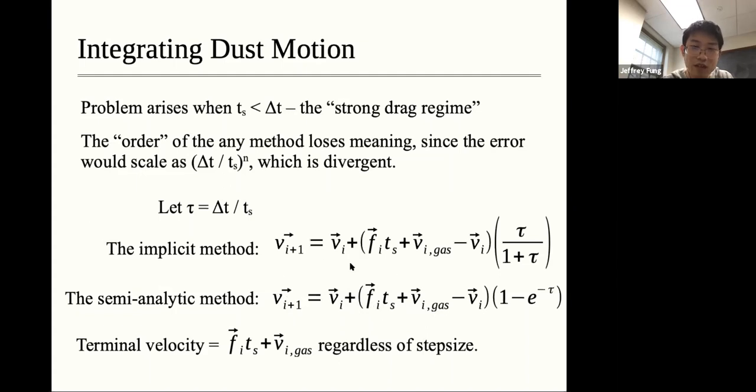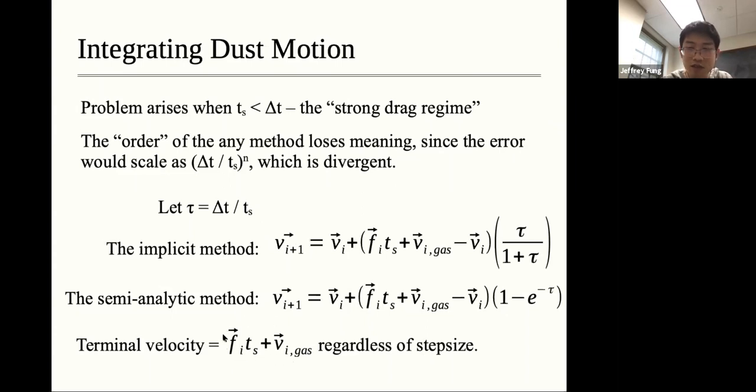But either way, you can see that with these kinds of limits, when stopping time is extremely small, you're going to end up setting v_{i+1}, your speed in the next time step, equal to the terminal velocity, regardless of what step size you use.